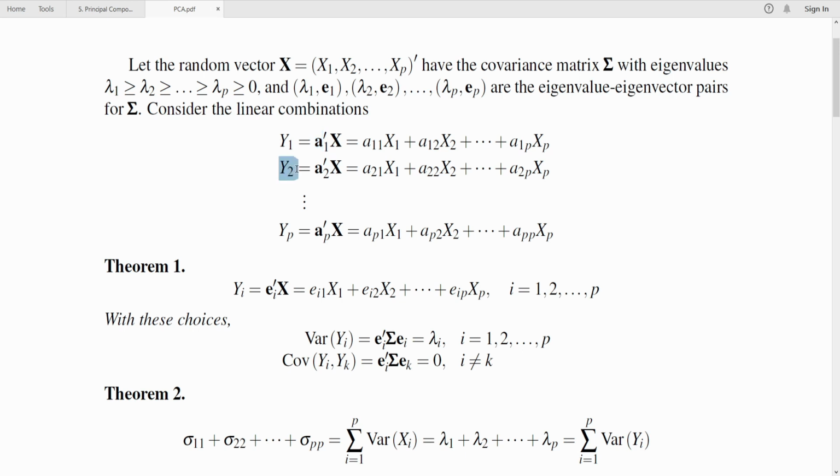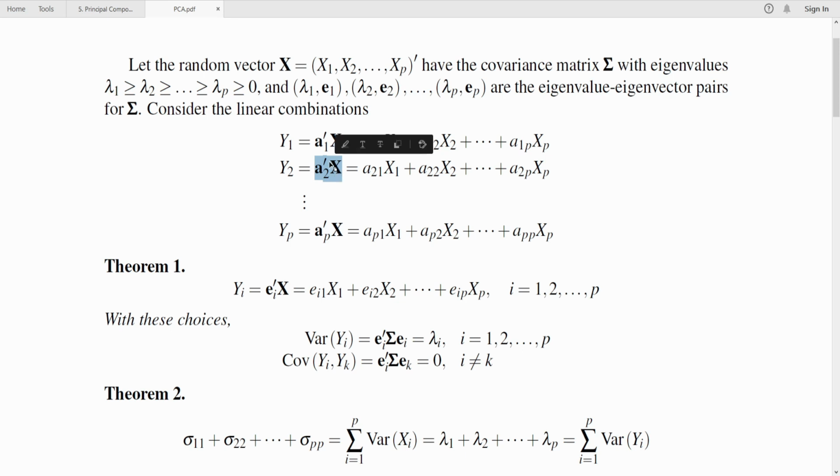For the following principal component, we don't want just to maximize the variance, we also want the correlation between the first principal component and the second one to be 0. So we want the covariance between those two to be 0. So this is another constraint, right?